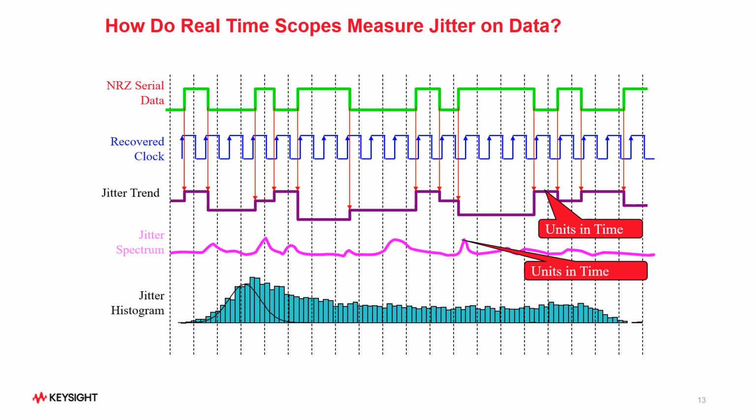Finally, the traditional histogram of the jitter is provided, showing the statistical probability distribution function, or the PDF, of the jitter. Histograms are always plotted as time error versus n, or the number of hits. With the repetitive acquisitions, the histogram view will continue to build up statistical data for more accurate results.